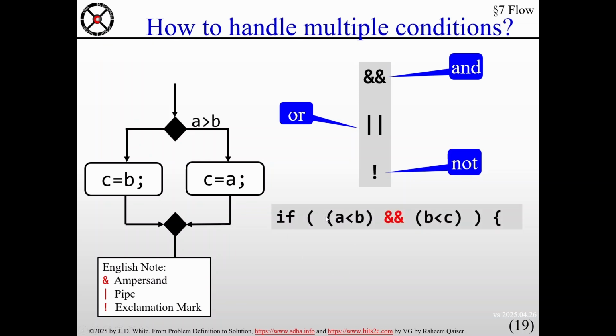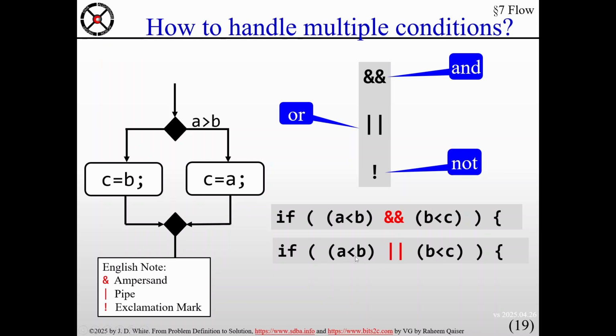So I could write, if A is less than B and B is less than C, do this. In other words, this must be true and this must be true; if they're both true, then I will do the action.